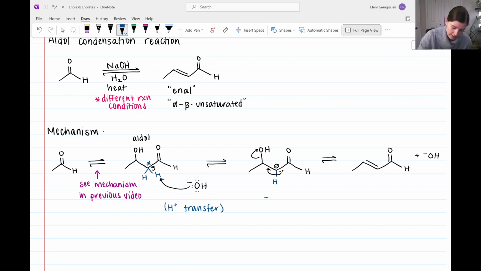So this step is elimination of OH minus. And we've formed the enal product.